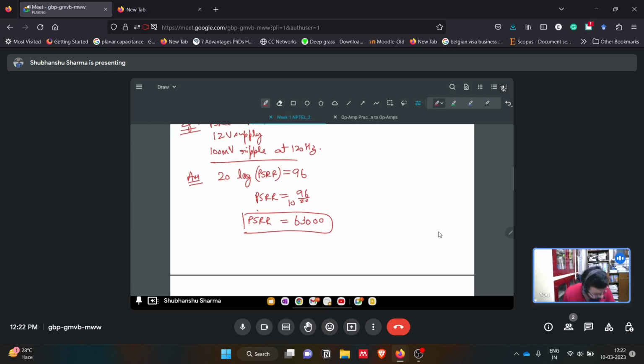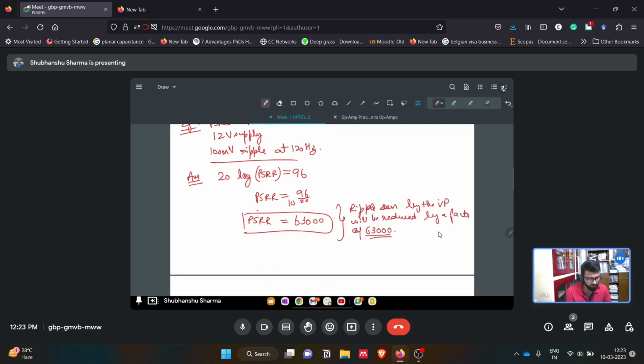So this means that the ripple seen by the input of the op amp will be reduced by a factor of 63,000.